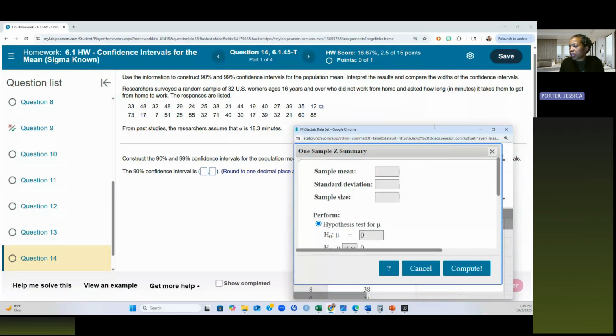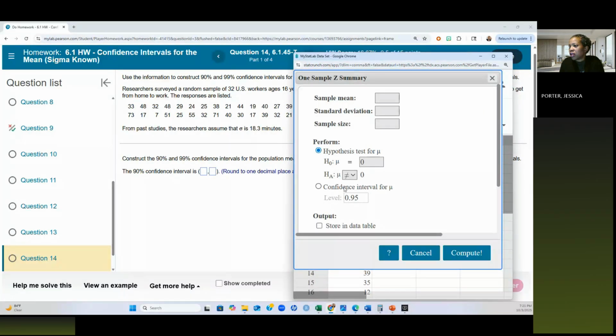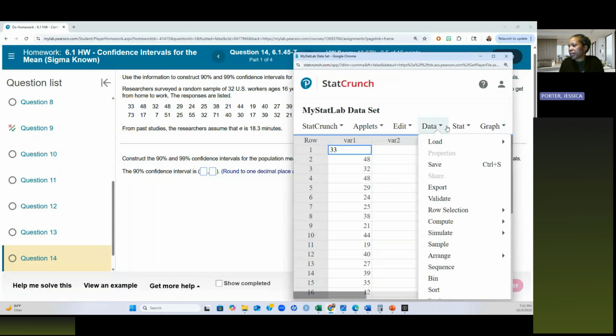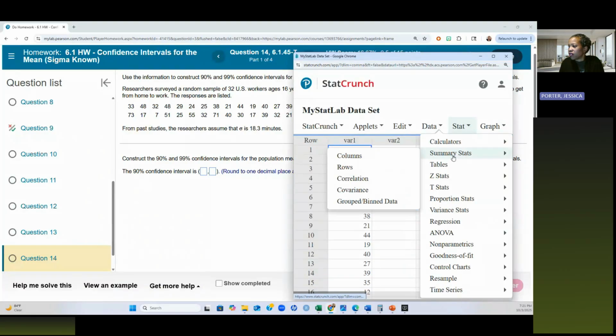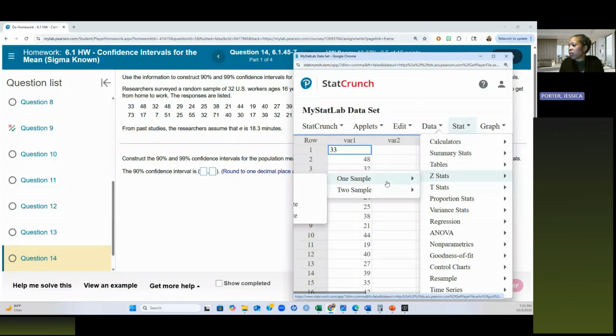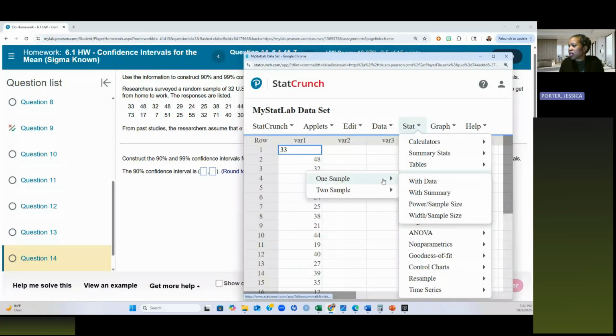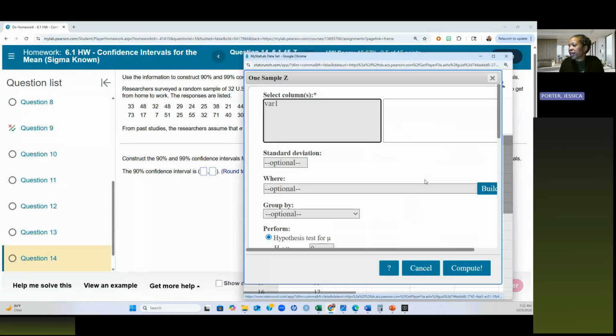All right, so we have stat, Z-stats, 1 sample with summary. Let's see if I can make this a little bit bigger. Confidence level, they wanted 90%. And the sample mean, oh shoot, I did with summary, but I have my data here. Stat, Z-stat, 1 sample with data.